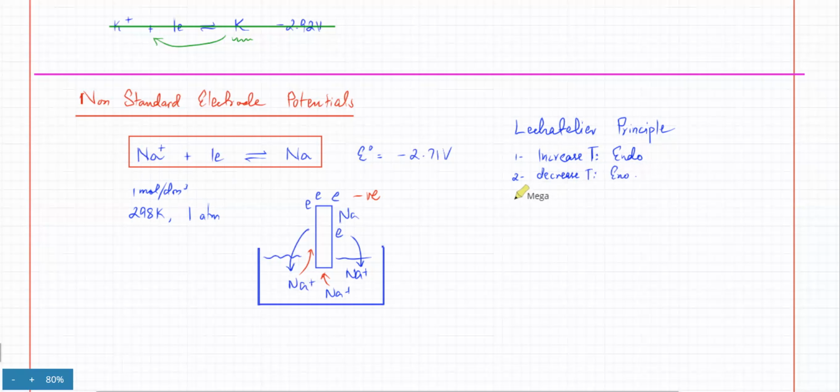Number three is if you increase pressure, then the side with fewer gas moles is favored, because you're compressing, so less gas would be produced.